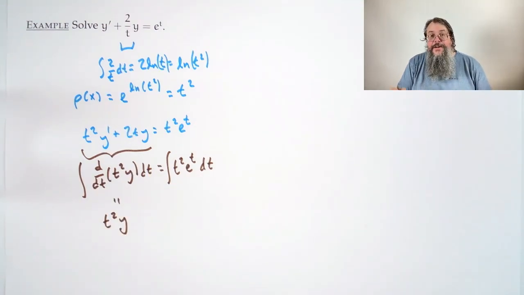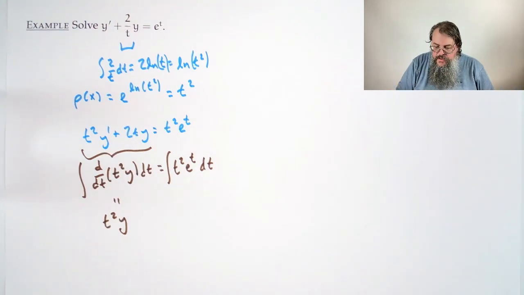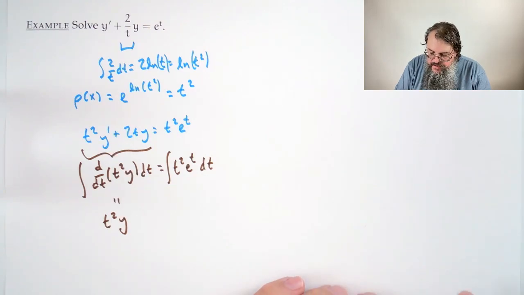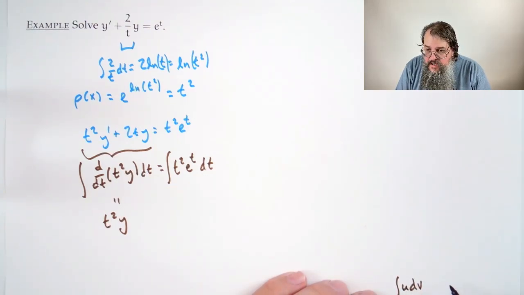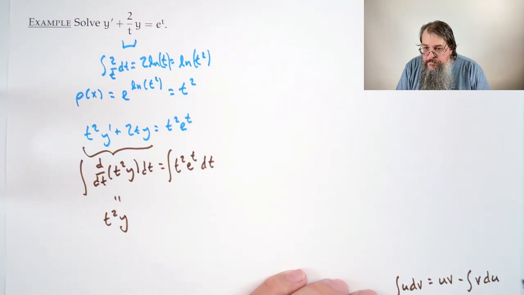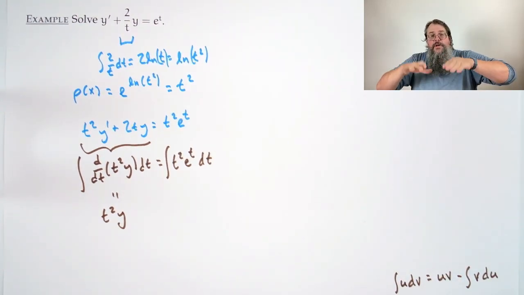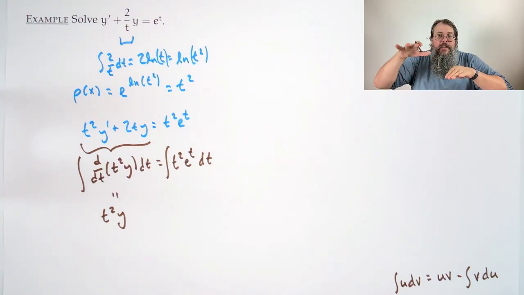So over here, we have integration by parts. The idea of integration by parts, we can write our formula down here in the corner, is the integral u dv is equal to u times v minus the integral of v du. Okay, so there's our formula. And the punchline is there's one part that you pick, you're going to differentiate it, and the other part, you're going to integrate it.